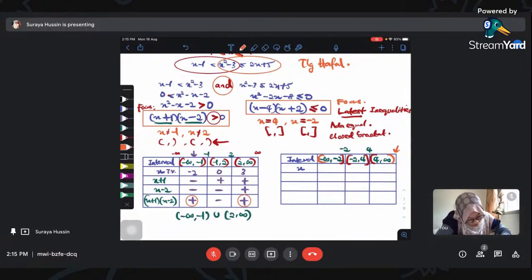So now x minus 4, x plus 2. Alright. So now masukkan test value. Here goes negative 3. Here goes 0. Here goes 5. Okay.